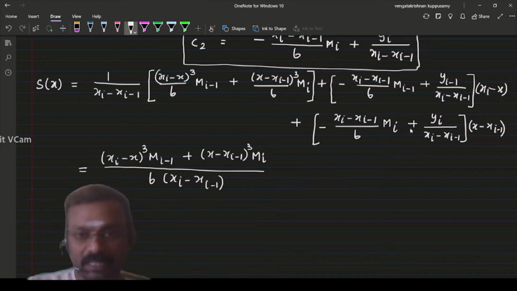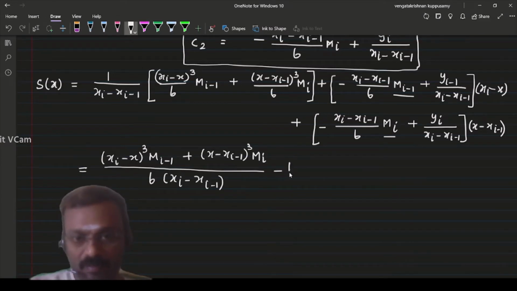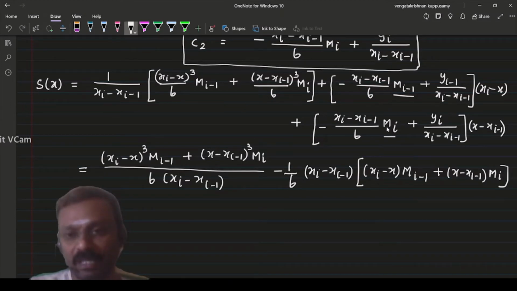Now collect the m_{i-1} and m_i terms. We have minus 1 by 6 into (x_i minus x_{i-1}) into (x_i minus x) into m_{i-1} plus (x minus x_{i-1}) into m_i. So we have collected the m_{i-1} and m_i terms.